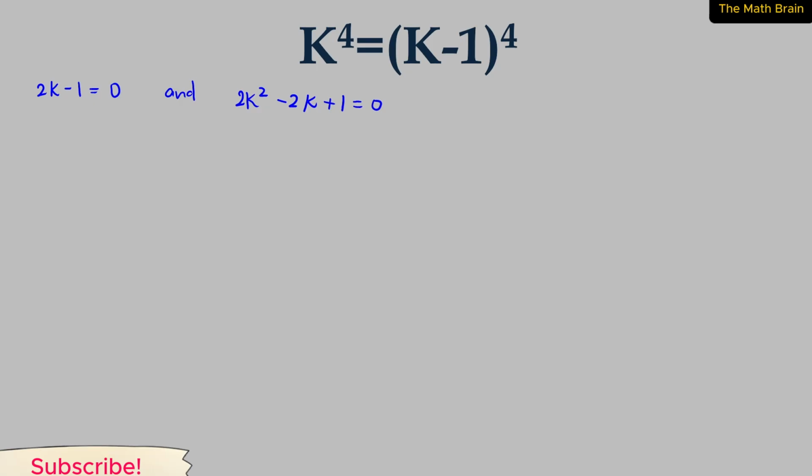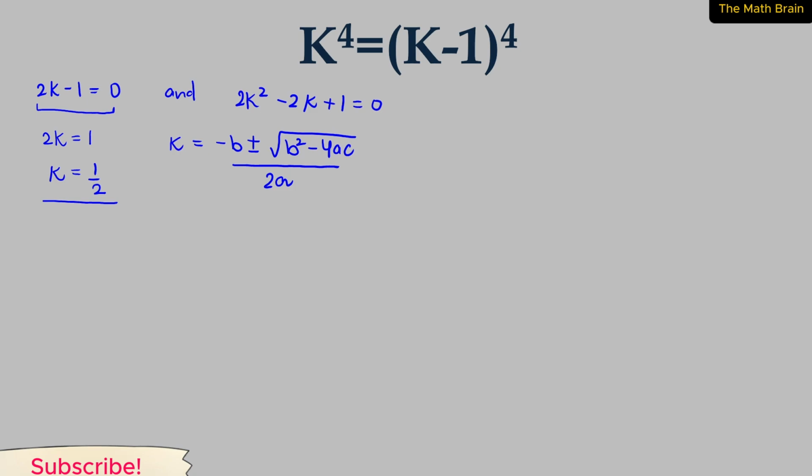Now from this we will get the value of k, that will be 2k is equal to 1 and k is equal to 1 by 2. This is the first value of k, and for the second value we are going to use the quadratic formula, minus b plus minus under root b squared minus 4ac upon 2a.